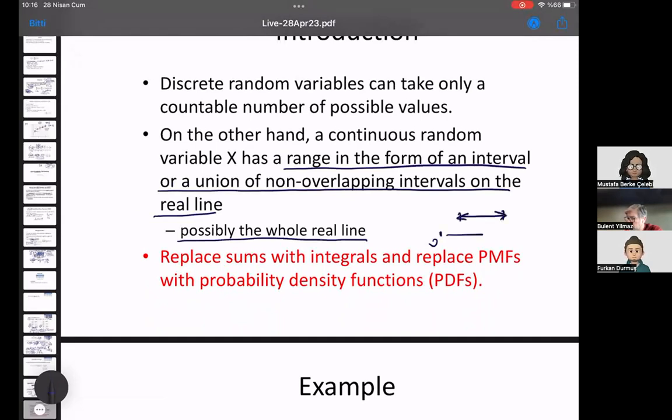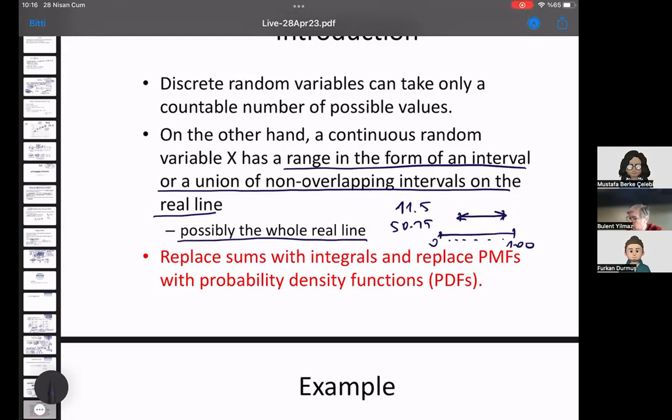Between 0 and 100, all real numbers, for example, your grades, okay? It might be 11.5, 50.25, or so on. So they might be any number between 0 and 100. So grades are usually talked about as random variables, continuous random variables.